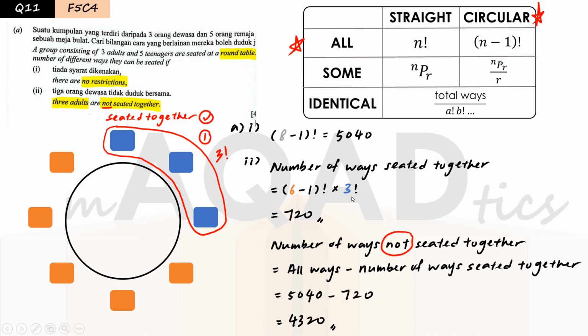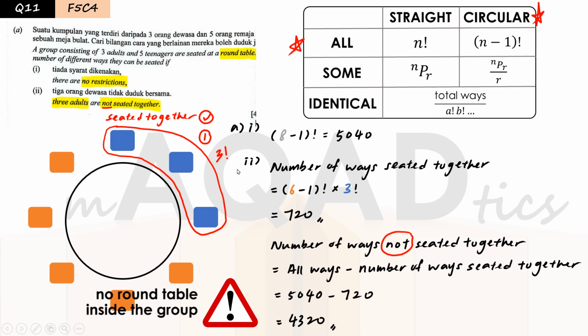But before we go to the next part, I just want to explain the 3 factorial here. Some students may be asking, isn't this actually a round table arrangement? Shouldn't we be using the circular arrangement formula, which is n minus 1 factorial, so for this one, 3 minus 1 factorial? If you look closely at how they change their places, it's just within the group. When they are arranging themselves, they are not arranging in a round table.